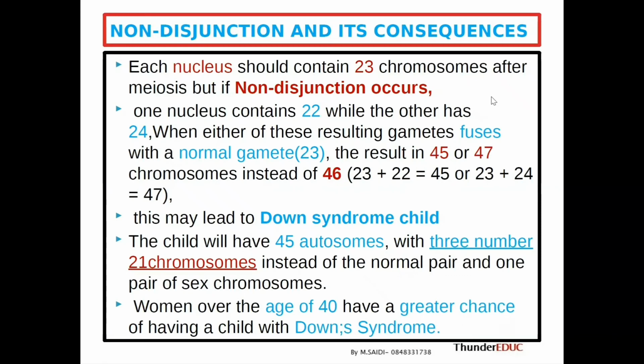When either of these resulting gametes fuses with a normal gamete, they result in 45 or 47 chromosomes instead of 46. 23 plus 22 is 45. 23 plus 24 is 47. So, once again, non-disjunction.